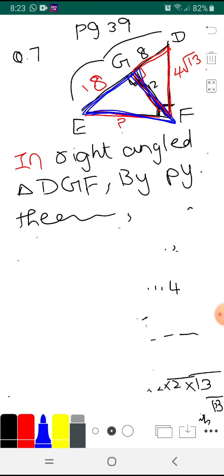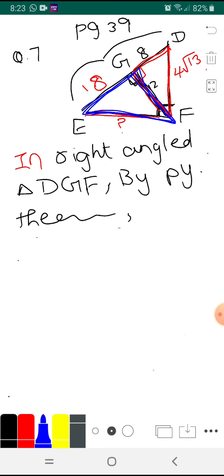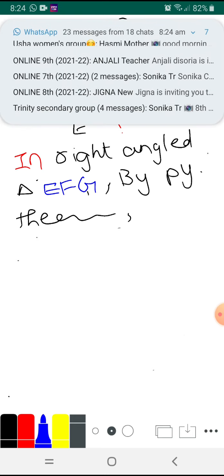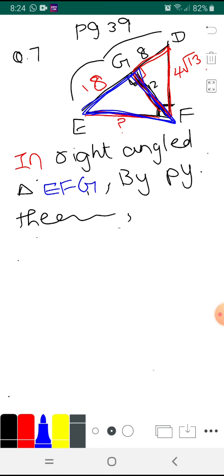The name of the triangle is EFG. In right angle triangle EFG, by the Pythagoras theorem, which is the hypotenuse here, children? The hypotenuse is EF.